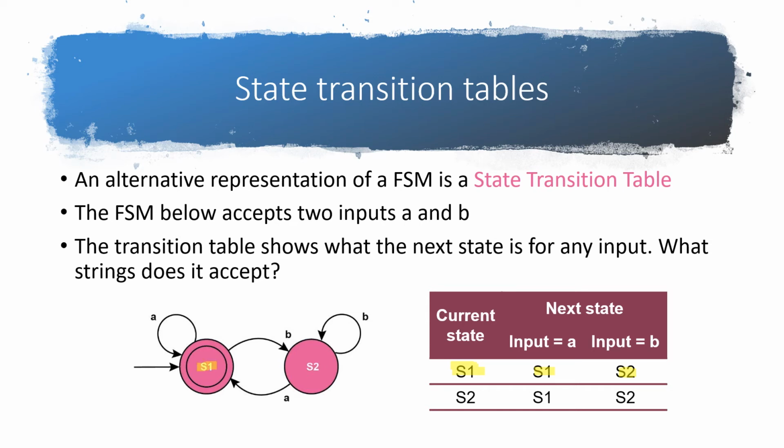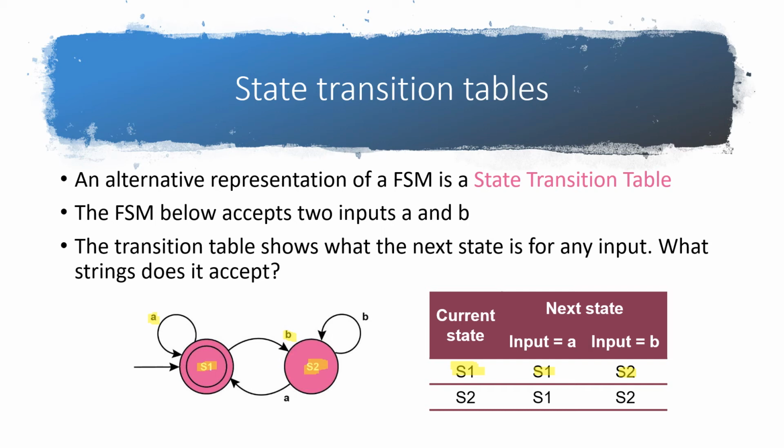And that is pretty much what we've got here. S1, if you've got an A, it's going to stay on S1. If you've got a B, it's going to go to S2. That's exactly what it says on the diagram.